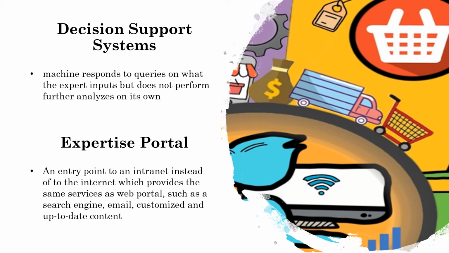Therefore, it is not like decision-making tools that form an artificial intelligence. Well, the expertise portal means the entry point to an intranet instead of the internet. So it serves the customers, the employees, and the suppliers of the firm.